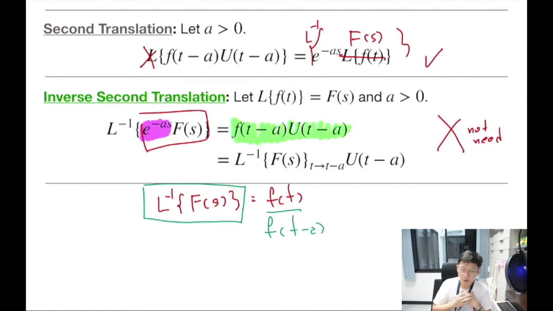So if you want to find L inverse of e to the minus as F(s), that would be f(t minus a) u(t minus a), but f(t minus a) is L inverse of the big F(s) with t changed to t minus a. It's the same thing.